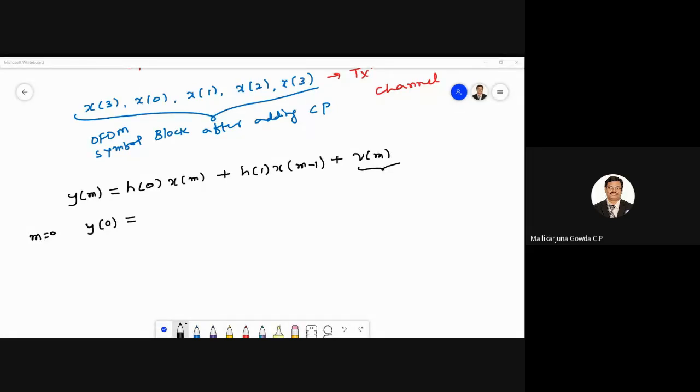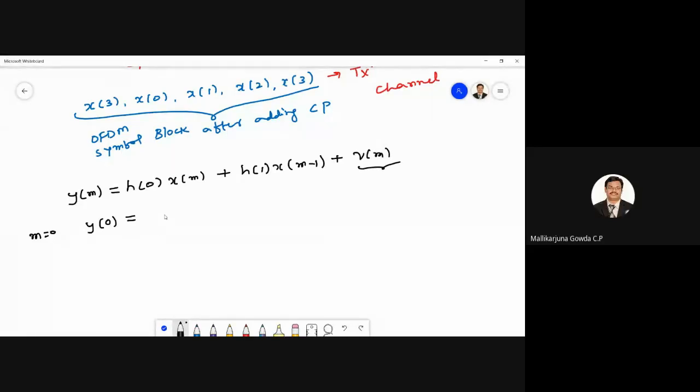Students should respond. Yes, Navya, you're saying something? h of 0 into x of 0 plus h of 1 into x of minus 1, right?